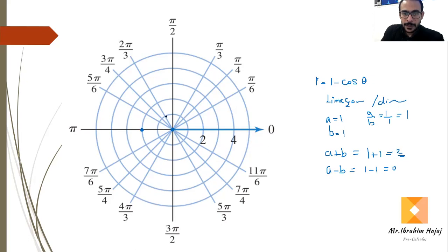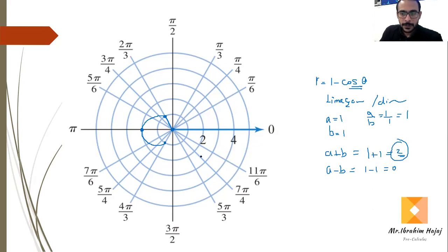So it's 1 here and 1 here, right? On the y-axis, and then connect the points. No, y-axis, not x-axis. It's cosine. We move the 2 units, two circles here, and one up and one down.